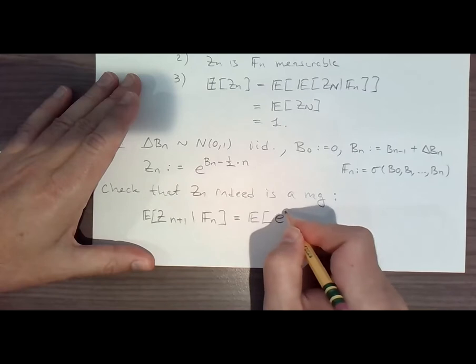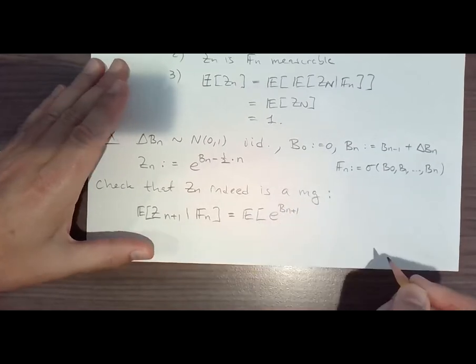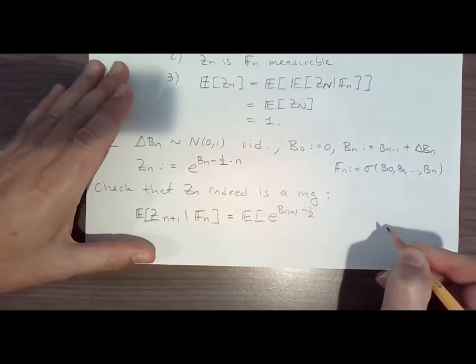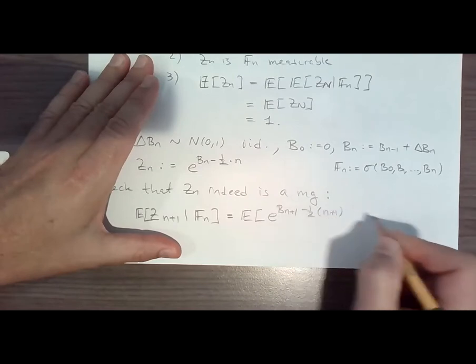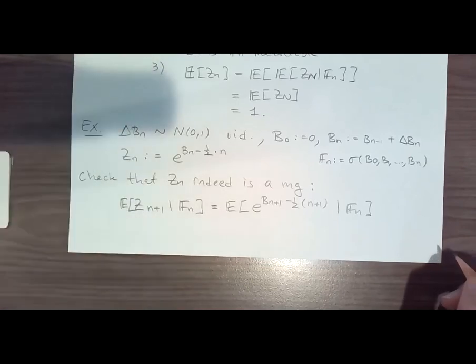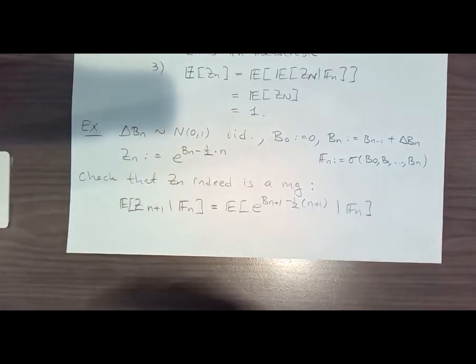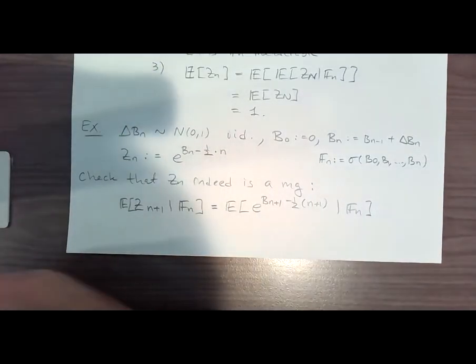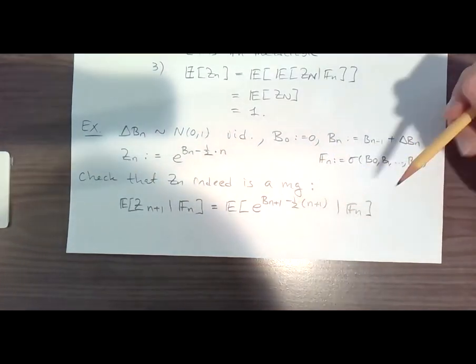This is e to the Bn plus 1 minus 1/2 times n plus 1, conditioned on Fn. And now we're in a situation that lots of you were in when you did the midterm. How do I calculate a conditional expectation?